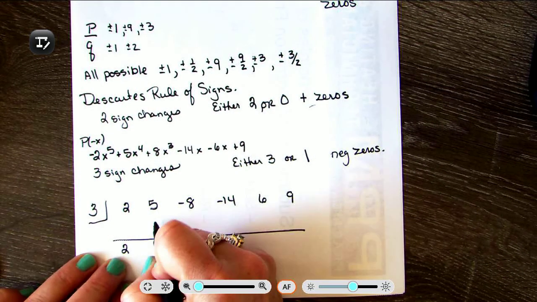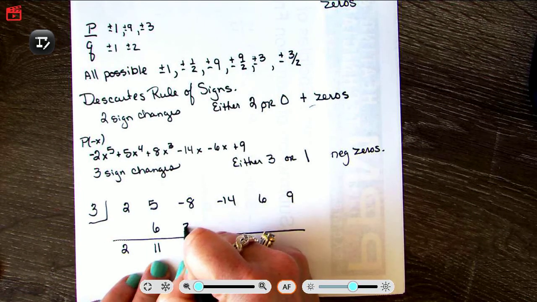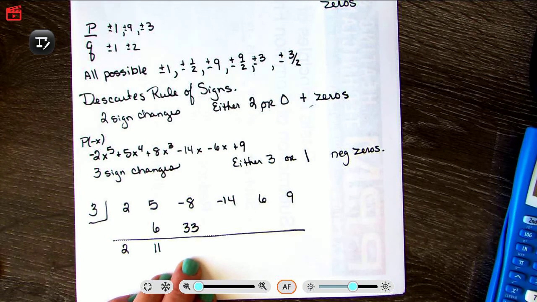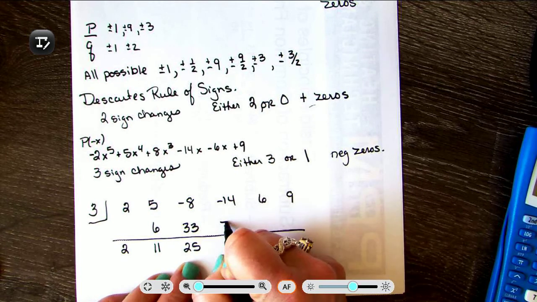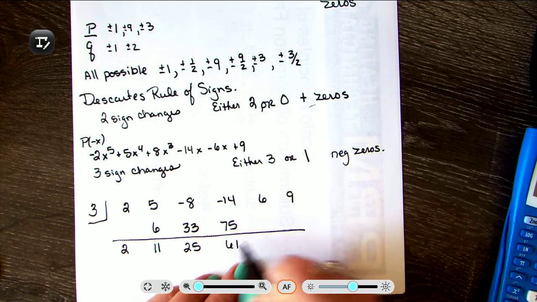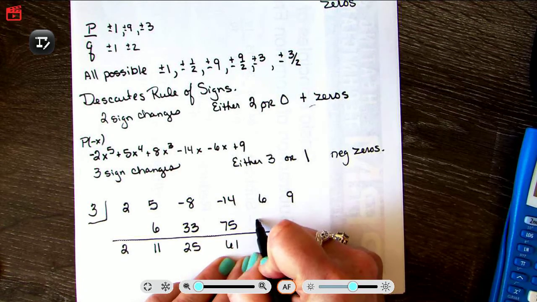2 times 3 is 6, and I add 33, and I carefully add, use my calculator and cheat to add 75, oh boy, 61, 183.